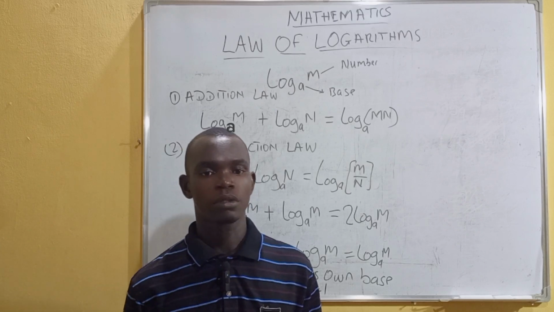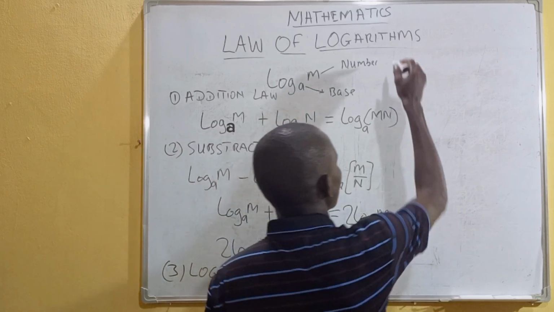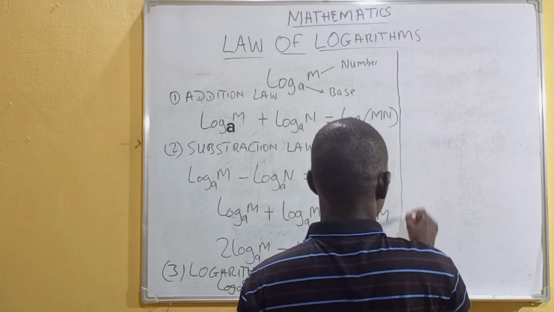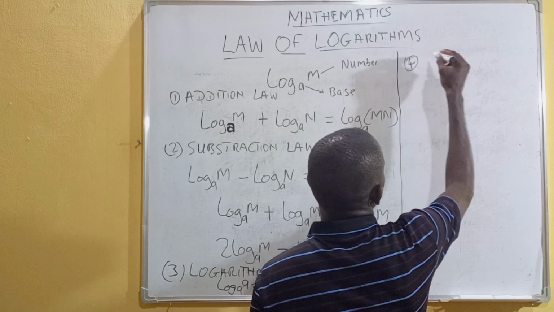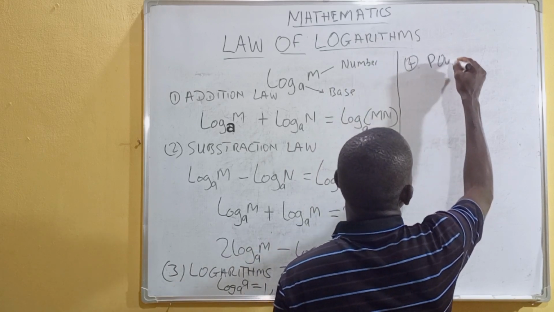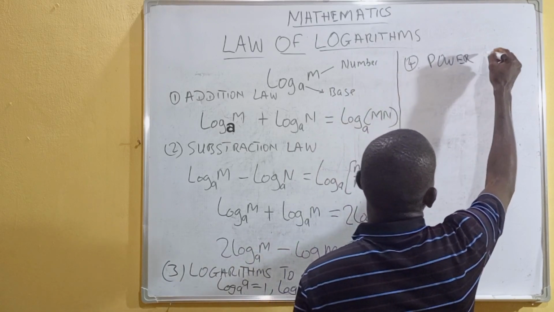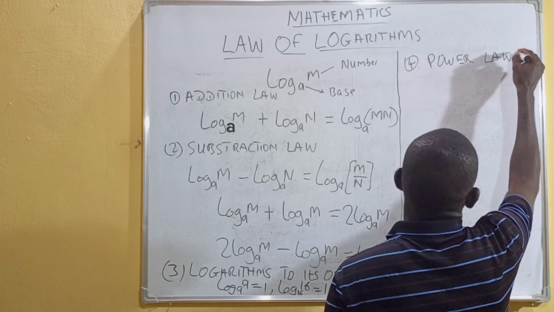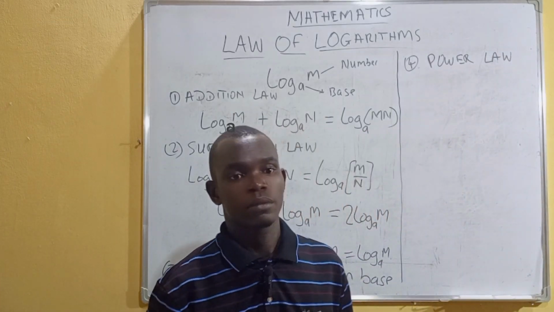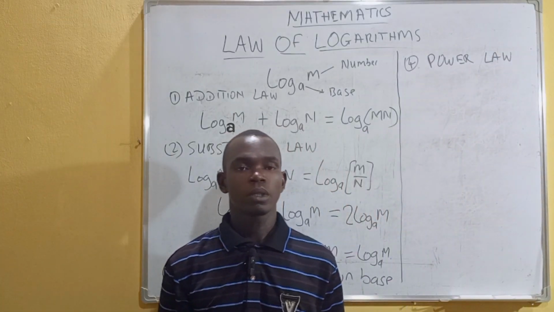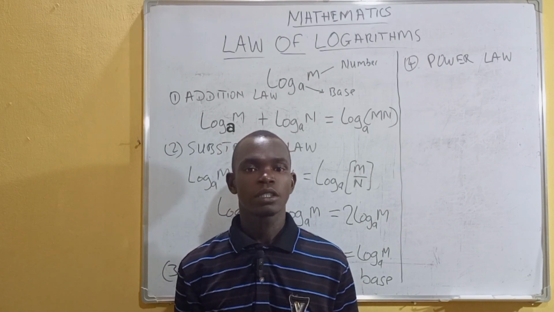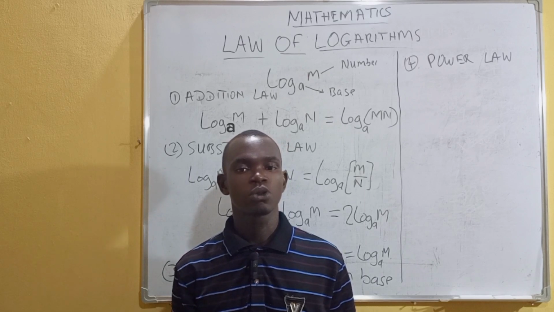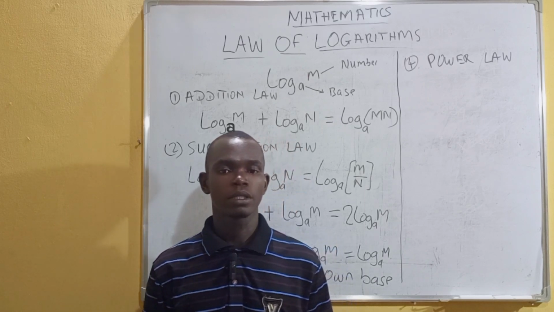Let's look at the fourth law. The fourth law, we call it the power law. When a logarithm has a number raised to a certain power, the power is used to multiply the logarithm.